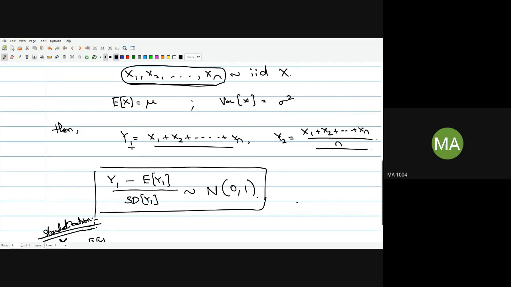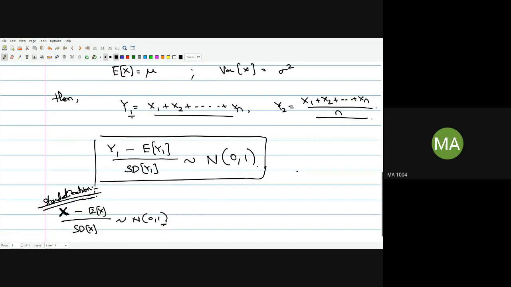That is why I didn't bring any n or sigma or anything. So y1 minus expected value of y1 divided by standard deviation of y1 will follow normal 0, 1. And if you wanted to normalize y2, then y2 minus expected value of y2 divided by standard deviation of y2 will follow normal 0, 1.